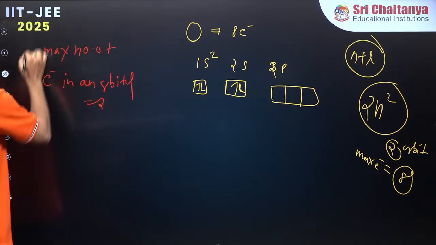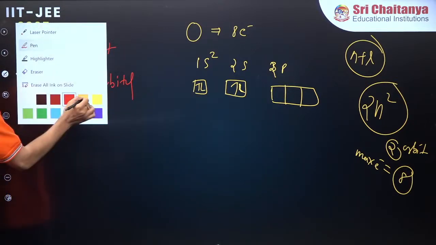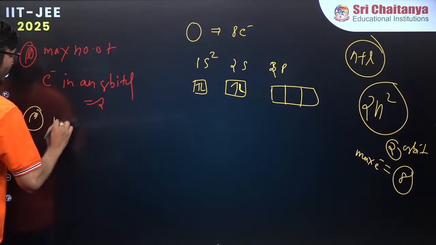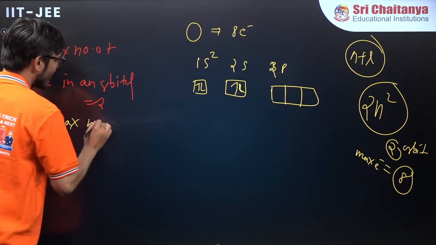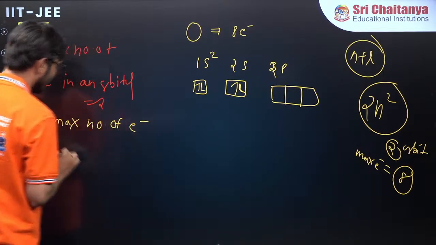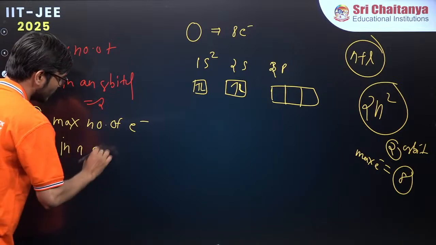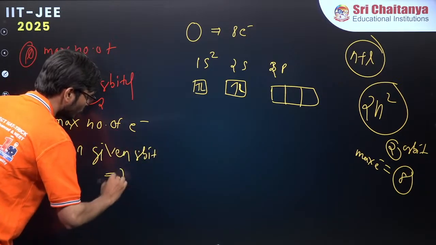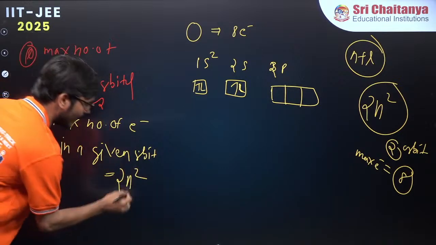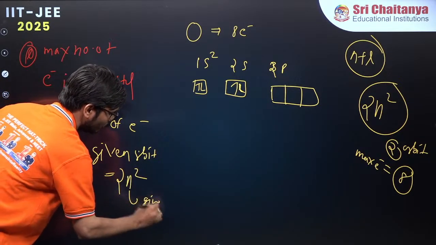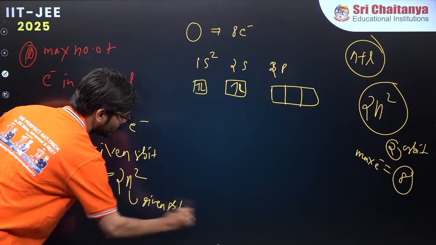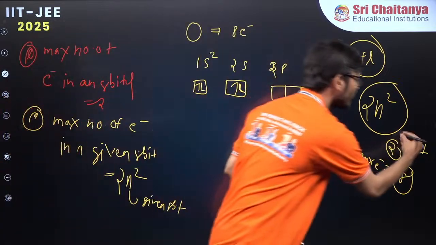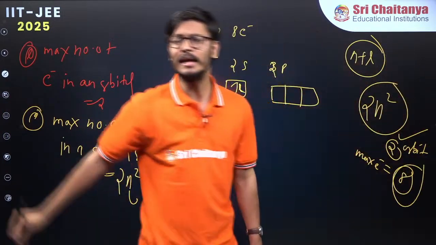Then, sir, what about orbit? Maximum number of electrons in a given orbit is equal to 2n ka square, where n is the given orbit. For example, second orbit, maximum electrons could be 8.